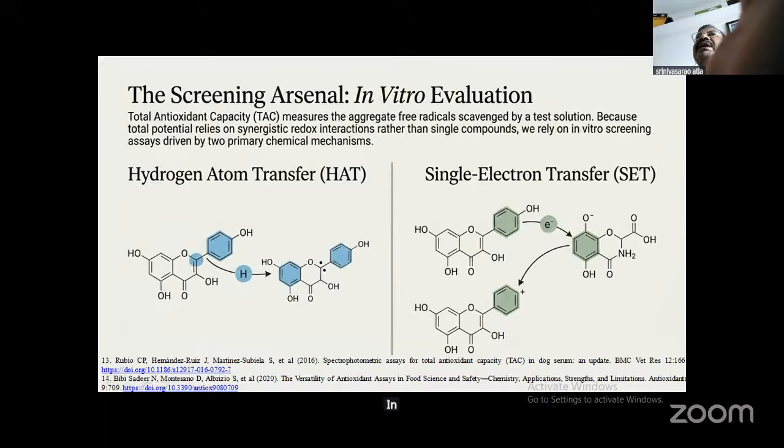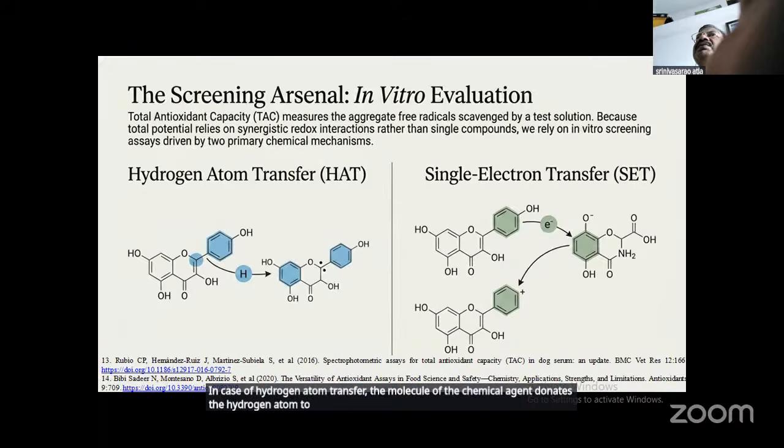In case of hydrogen atom transfer, the molecule of the chemical agent donates the hydrogen atom to the respective substrate where the free radicals are generated, neutralizing the reactive species.